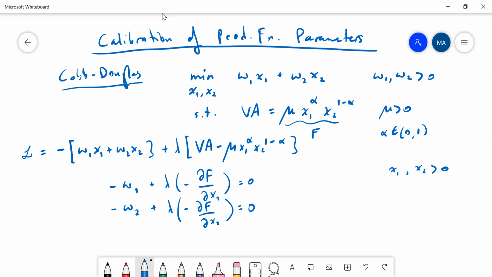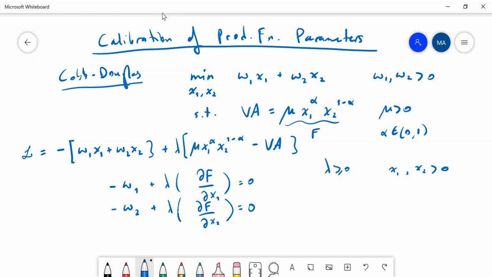Here, actually, I have a sign problem. Sorry about that. So this will be like mu x1^alpha x2^(1-alpha) minus VA. So here, these will be positive, because I want to interpret lambda as a positive number.